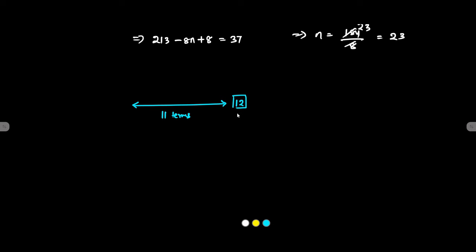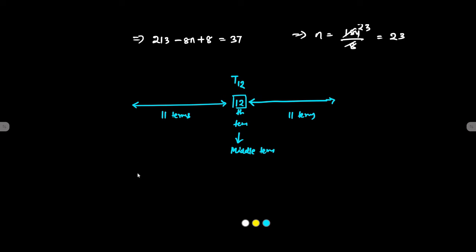Okay, this is the 12th term. And then we have the next 11 terms. So 11 plus 11 is 22, and in the middle, this is the 12th term. Okay, the 12th term, that is the middle term, T12.